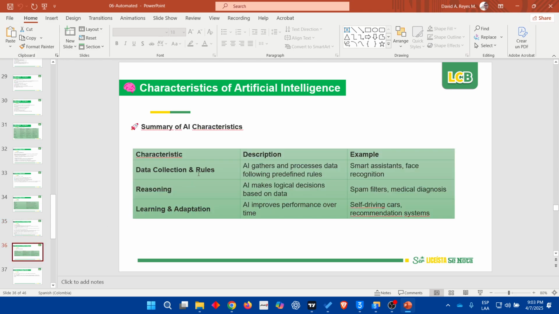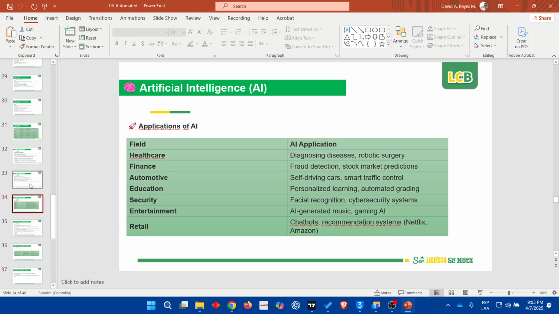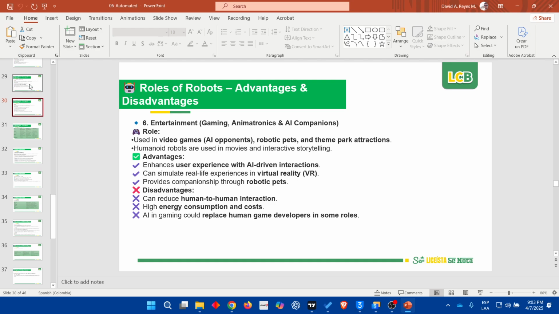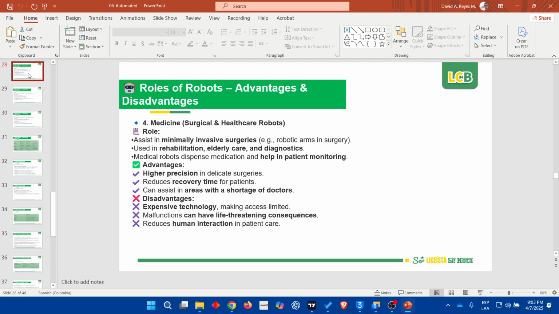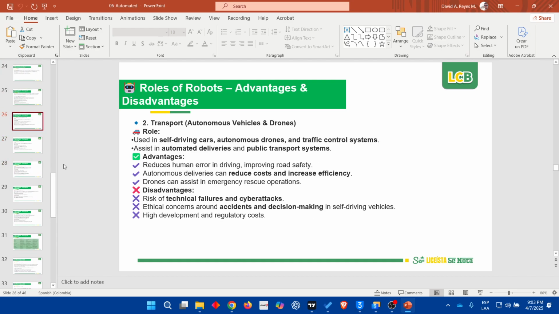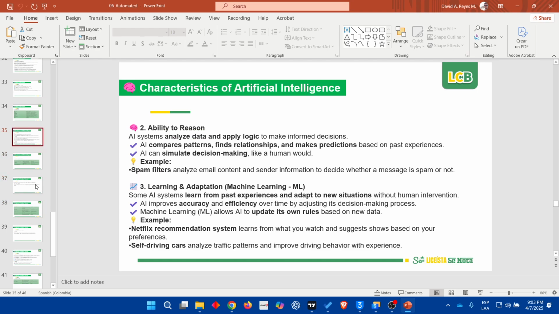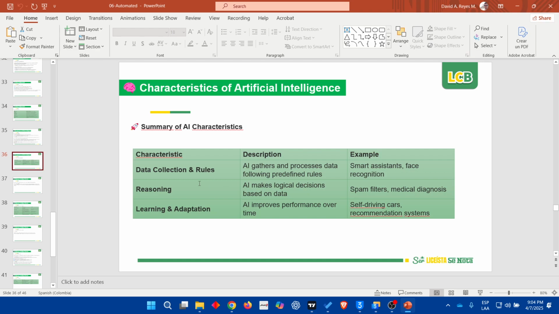Summary. Okay, sorry. The first characteristic of artificial intelligence is data collection and rules.